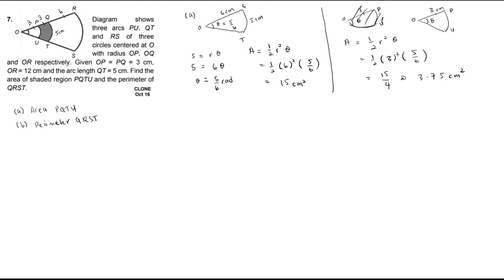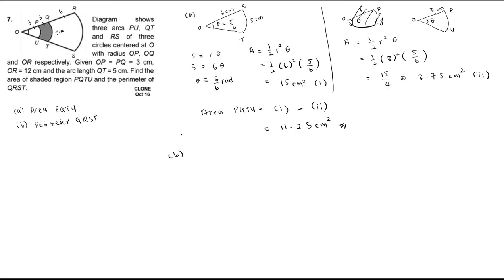So to get the area of shaded region, the area of PQTU is area of OQT minus the area of OPU. And then the answer is 11.25 cm square.